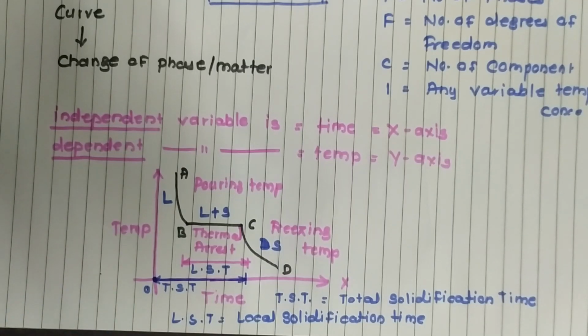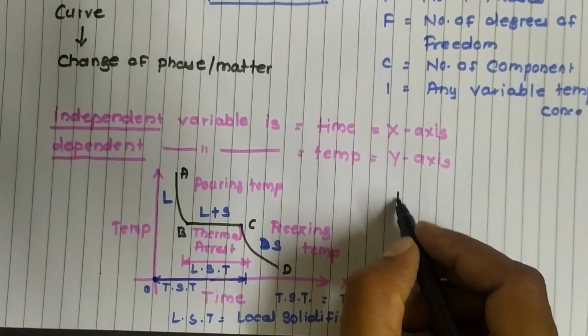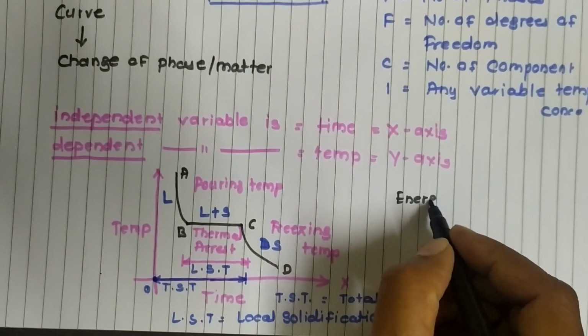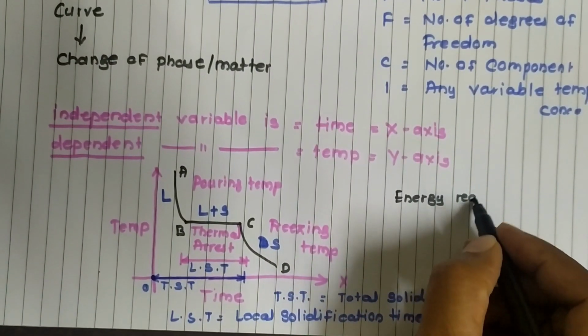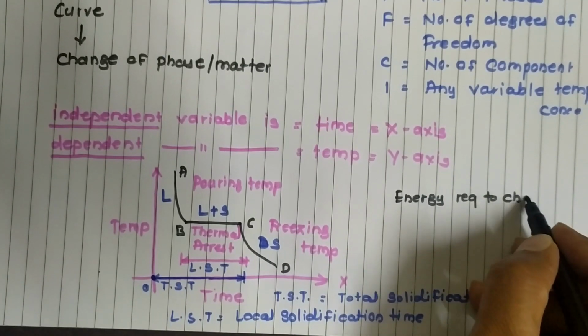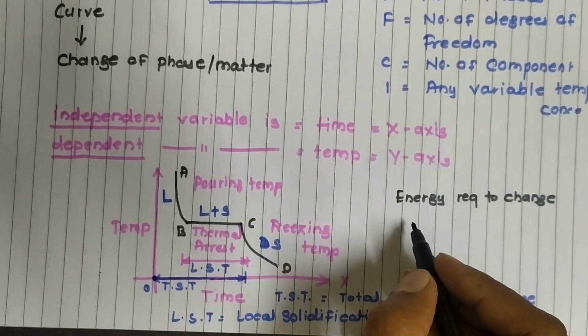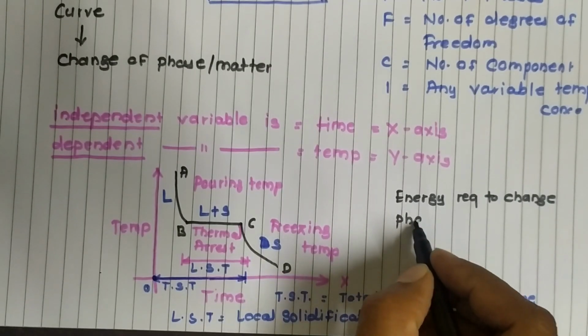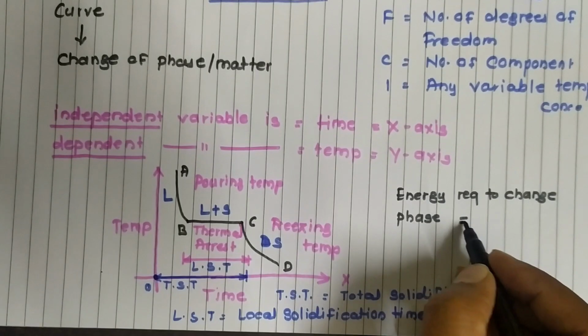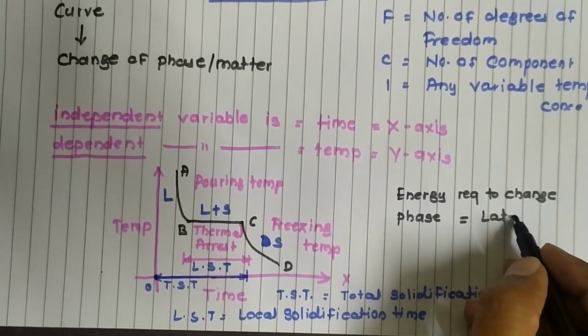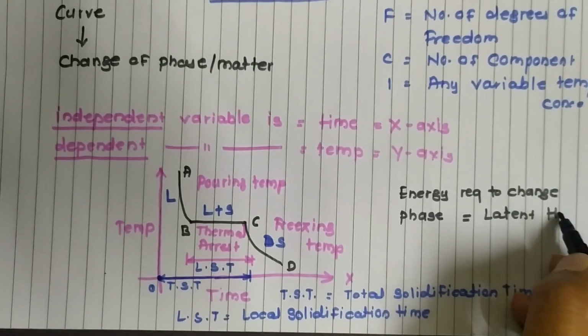That is, the energy required to change the state, or to change the phase, is known as latent heat.